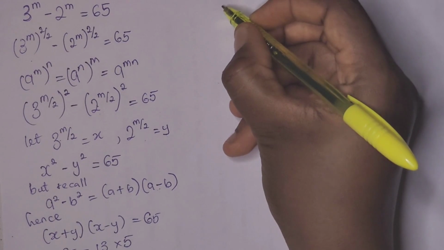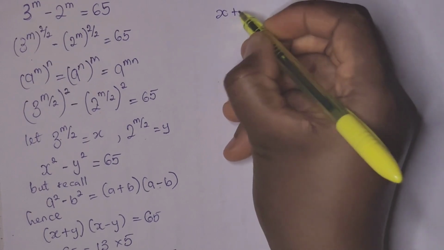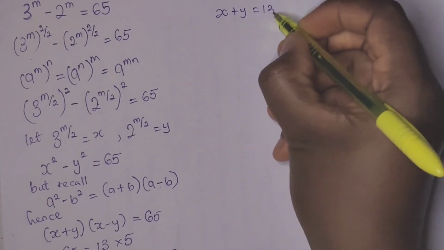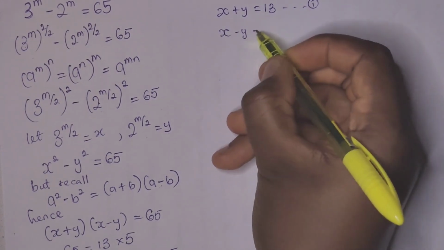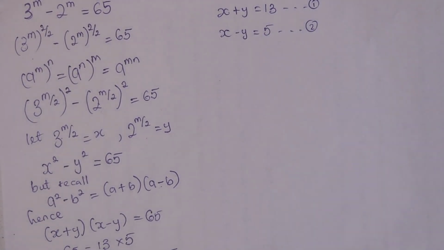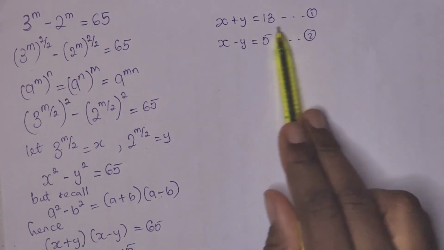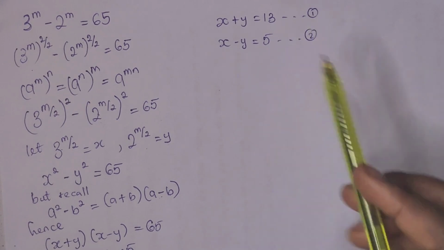So we have x plus y equal to 13 as equation 1, and we have x minus y equal to 5 as equation 2. Solving these two equations simultaneously, we can subtract equation 2 from 1.